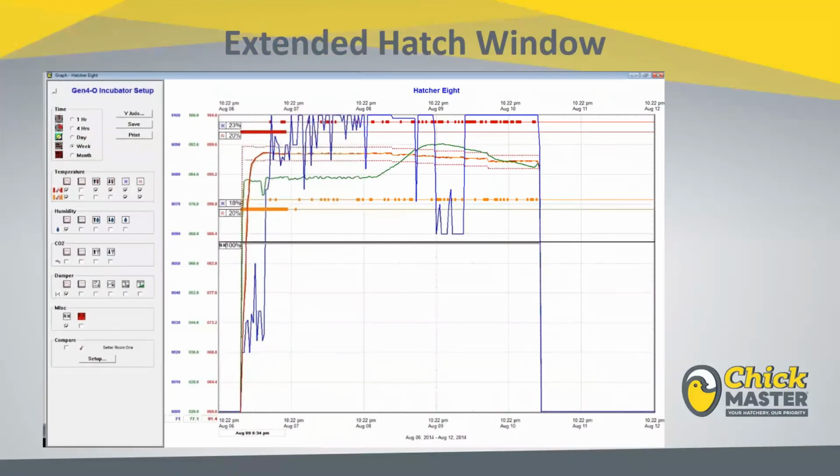When we look at an extended hatch window and what we were referring to with the things that we've talked about on duration, this is an example of having a starting point here and an ending point here, or at least far enough on the back side of the peak that we recognize that we had a duration of 40 hours.